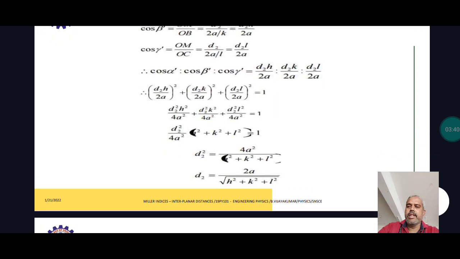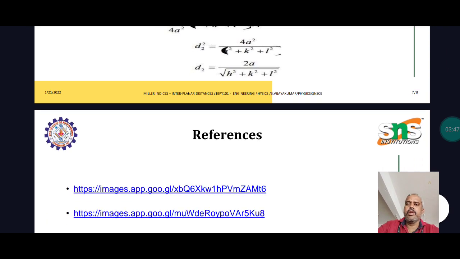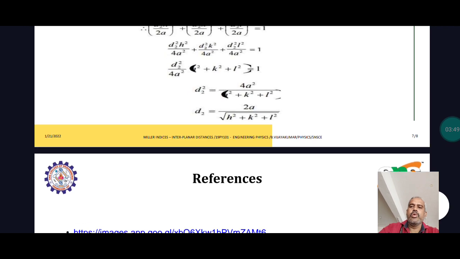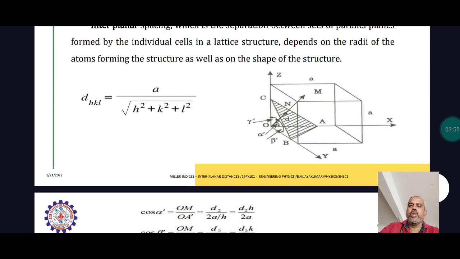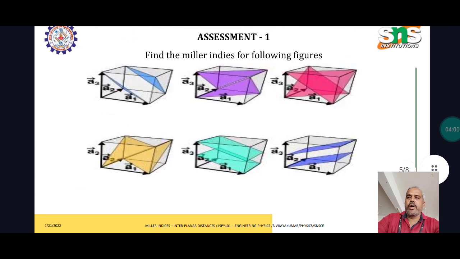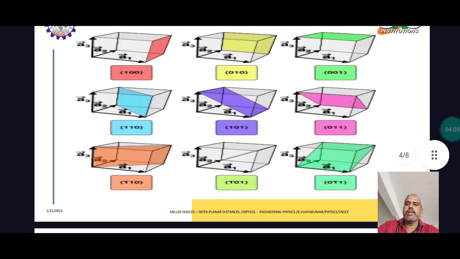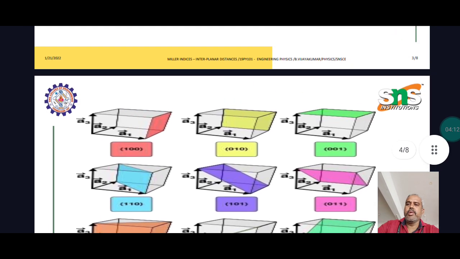So finally we get d equal to a divided by root of h squared plus k squared plus l squared. Based on this formula we find the interplanar distance between two lattice planes, the arrangement of atoms occupying different formations in a crystallographic structure, and we also get the interplanar angles alpha, beta, gamma from the Miller indices.